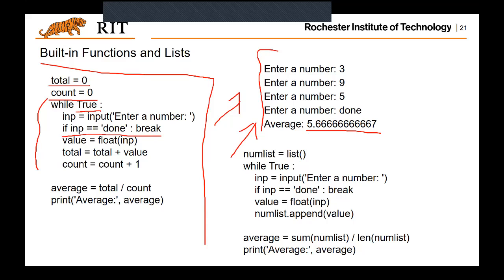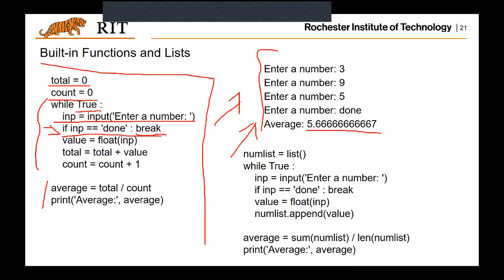So what it does during the while loop is, this line asks the user to input a number, and if the user's input is done, that means this condition is satisfied, and the break operation will be executed. It will break, jump out of the loop, and execute the line after the loop, right?